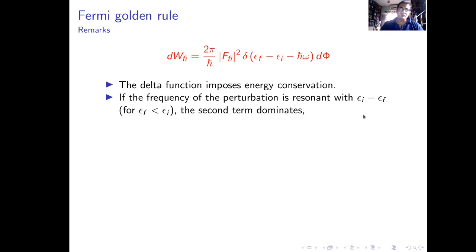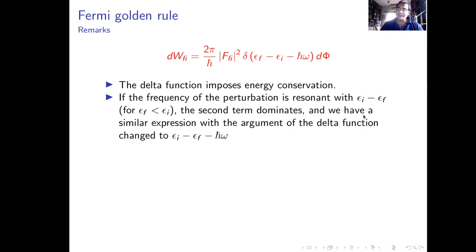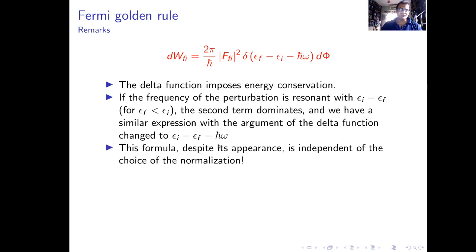And if you use that, the second term dominates, and we have a very similar expression in the end. You should try working it out yourself. You will see that almost everything stays the same, except that instead of the energy conserving delta function having an argument epsilon f minus epsilon I minus h cross omega, the argument here will be epsilon I minus epsilon f minus h cross omega. So that's a very small minor change here.